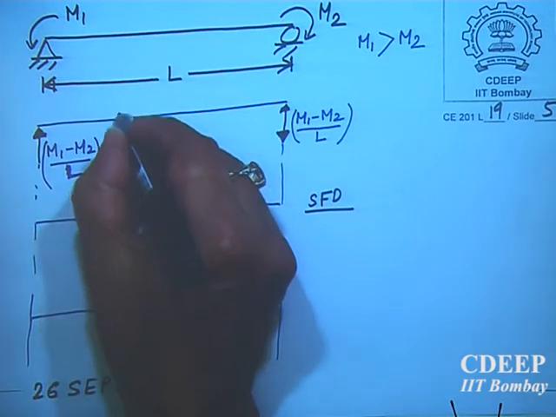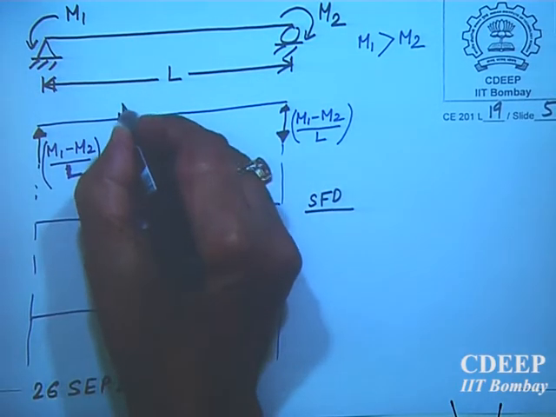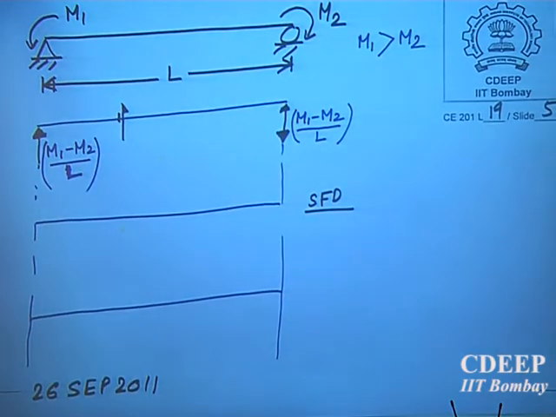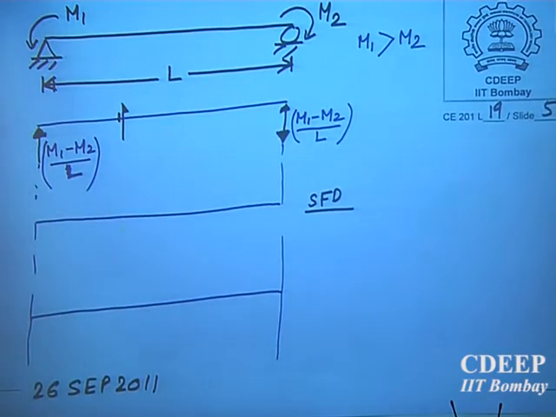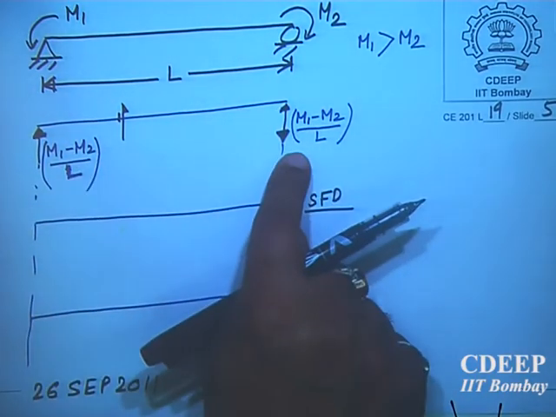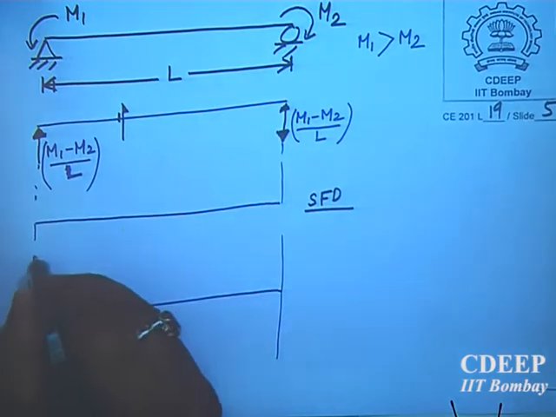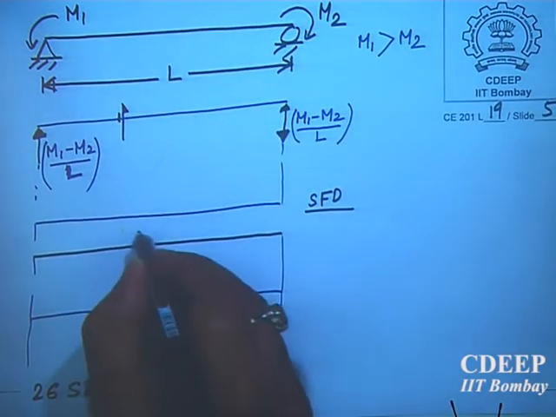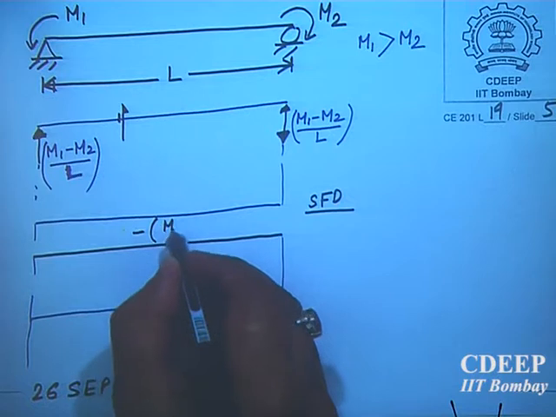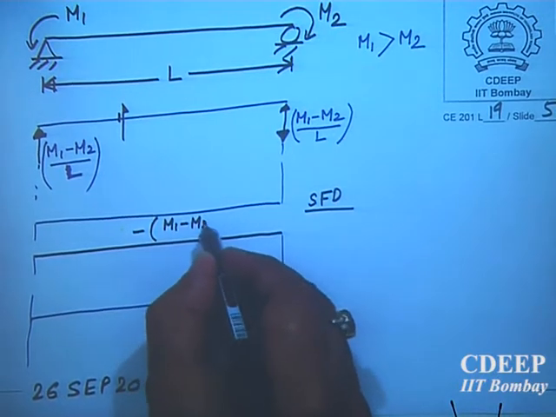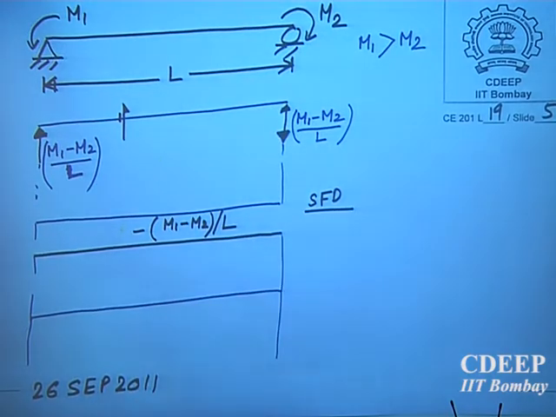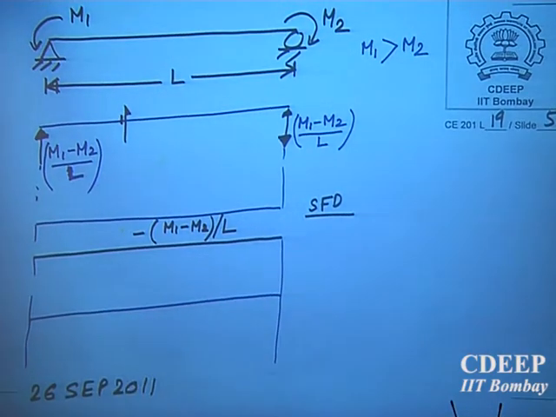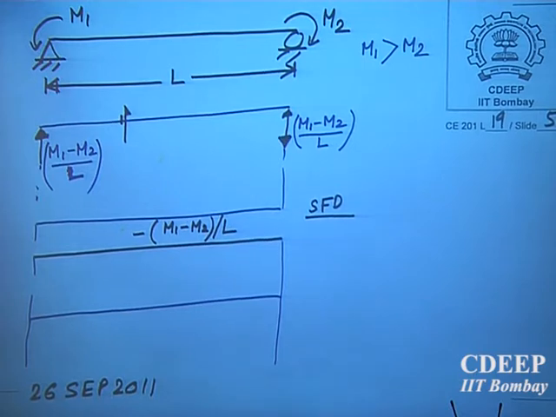At any cross section here, my shear force is like this. Positive shear force I have shown upwards. So this plus this, this one will be equal to negative of this, and that will continue throughout. So it is negative.